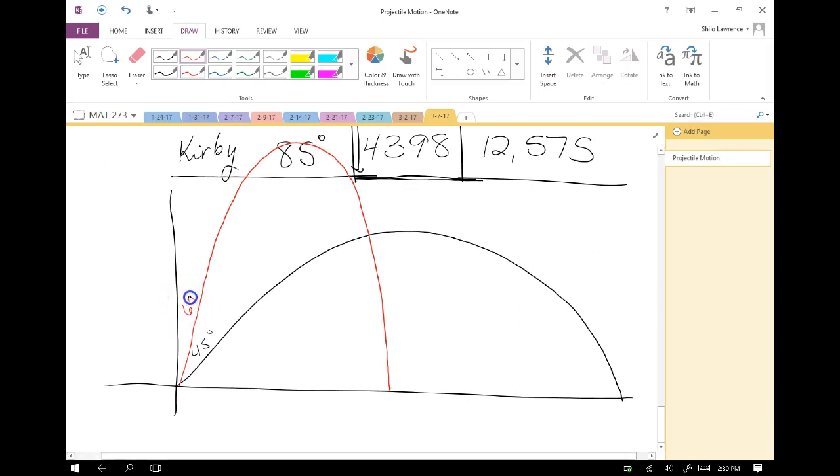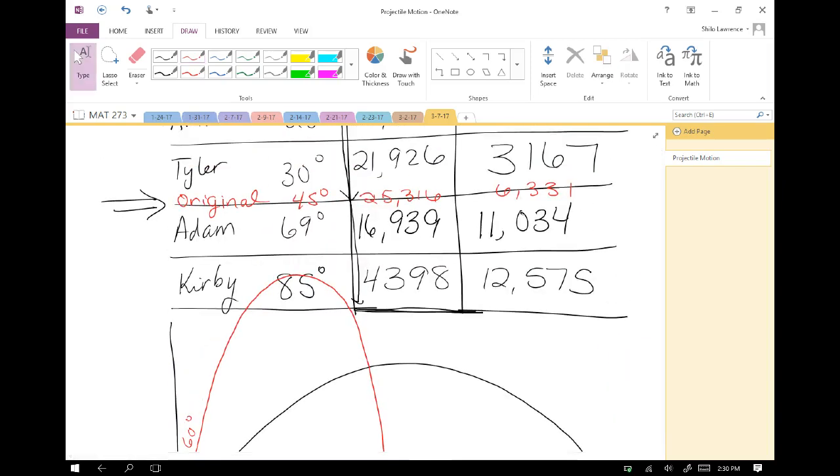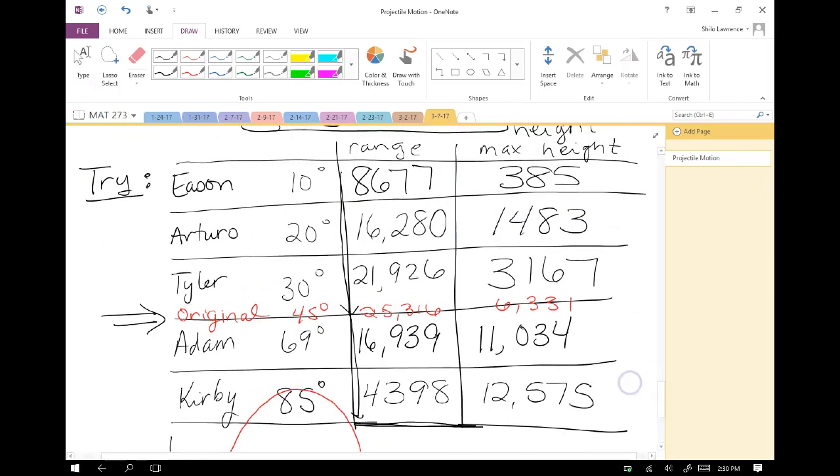So let's say that was 60 degrees. Less range, more height. If we do a smaller angle, it was less range and less height.